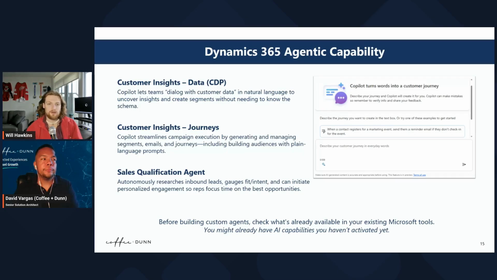And then outside of Customer Insights, you also have agents that live within the Dynamics 365 sales platform. That includes the sales qualification agent that can do a lot more autonomous things. So I would say these sales agents tend to be on the side of more autonomous and can go off and do their own things, whereas Customer Insights copilots and agents are really more interactive and something that you have to prompt to get the result that you're looking for.